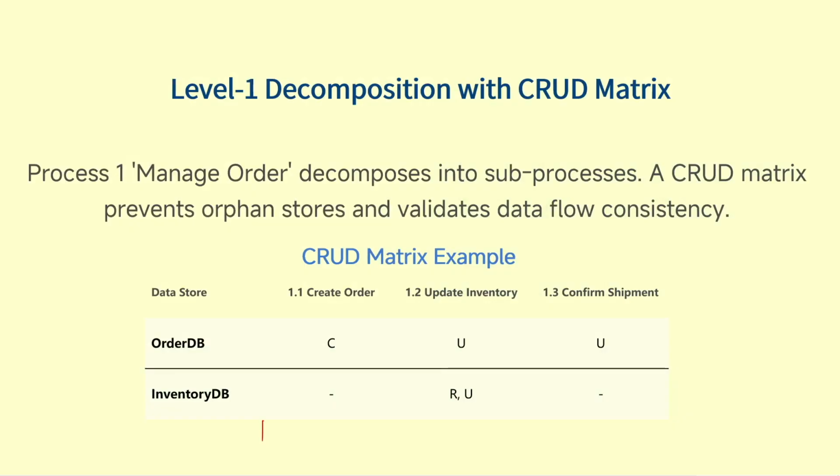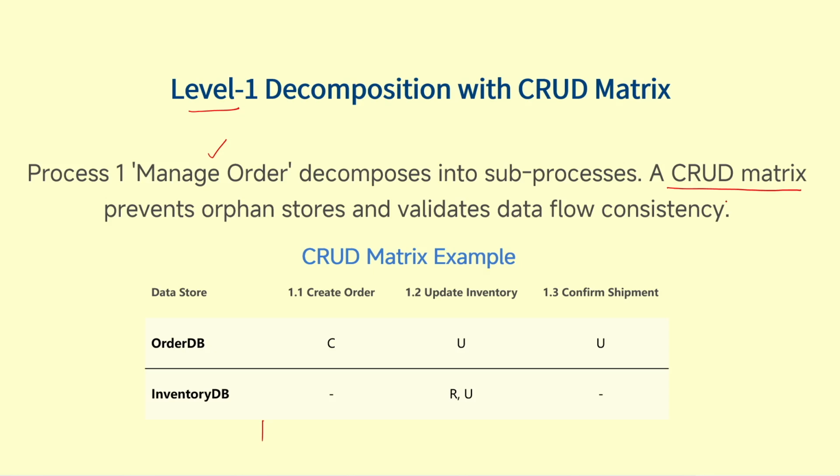We will take an example, say manage order. In this, manage order is going to be one process, and that process is going to be decomposed in the level 1 DFD. Here we consider the CRUD matrix, which we have learned earlier. C stands for create, R stands for read, U stands for update and D stands for delete.